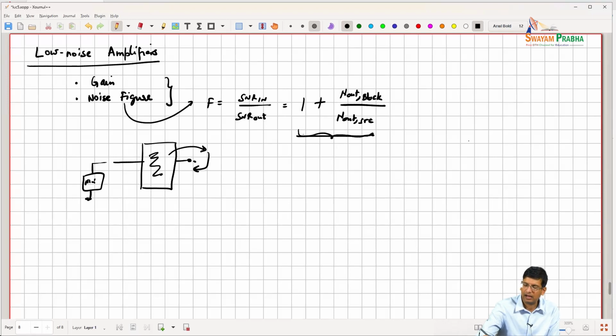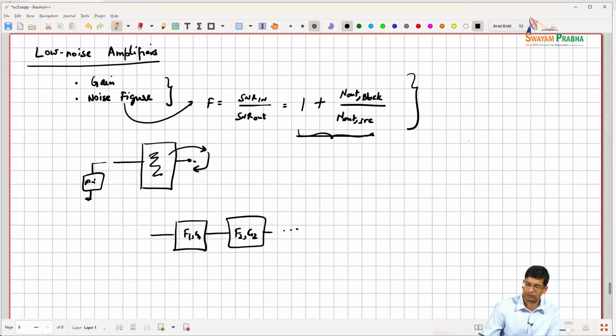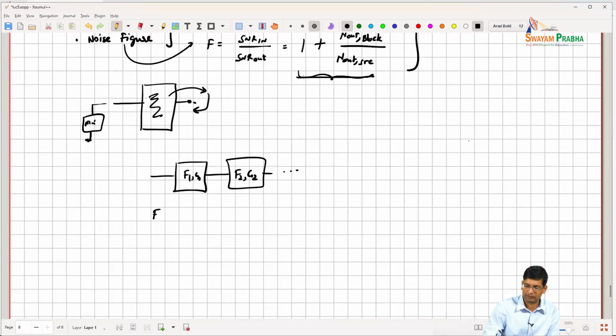And I'm assuming knowledge that if you have a cascaded system, where you have a block with noise factor F1 and gain G1, and a block with noise factor F2 and gain G2, and so on, your effective noise factor is F1 plus (F2 minus 1) divided by G1 plus (F3 minus 1) divided by G1 G2, right?